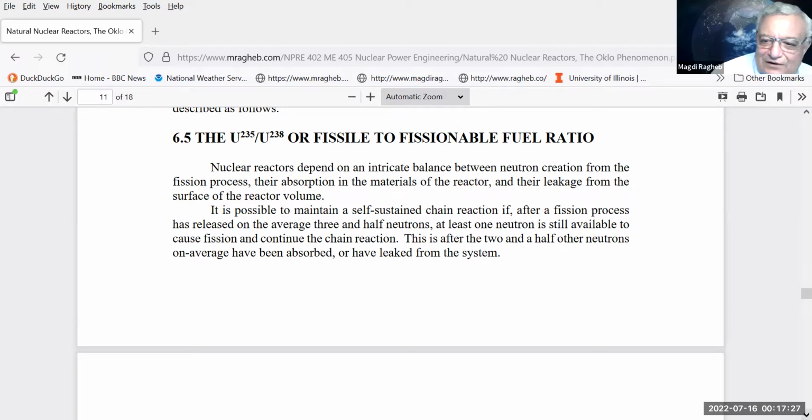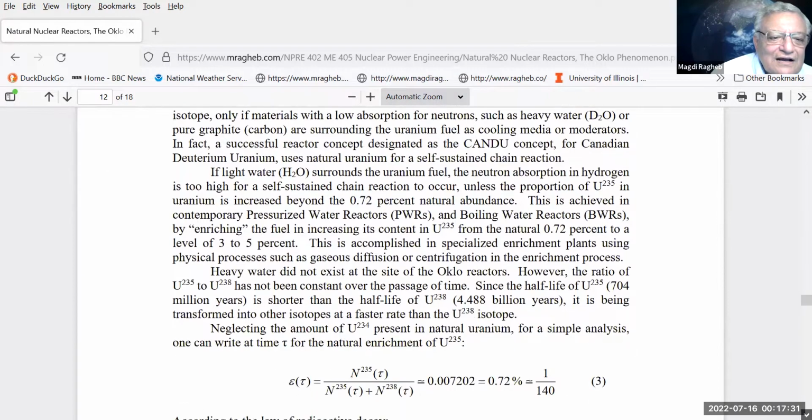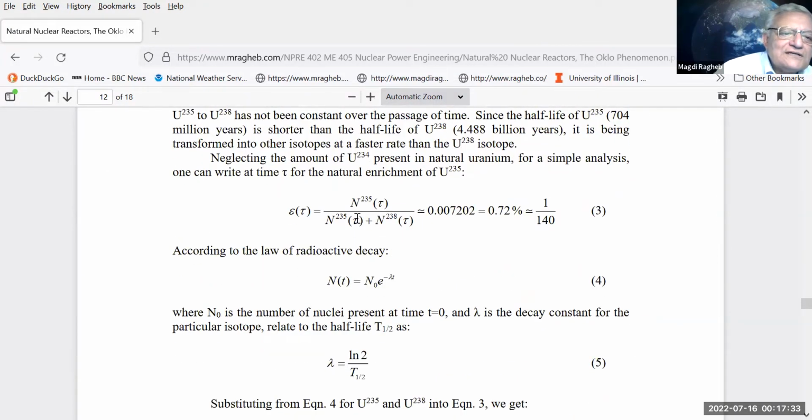And the question is, how much higher was it? So we tried to figure that out by writing an expression for the enrichment at any time t in the past. So the number density of uranium-235 divided by the number density of uranium-235 plus uranium-238, which would be natural uranium, ignoring the number of atoms of uranium-234 because it's very small.